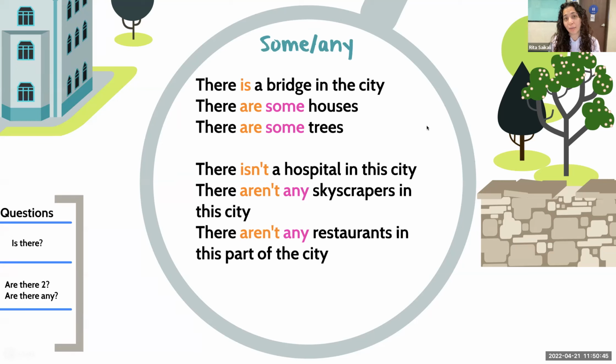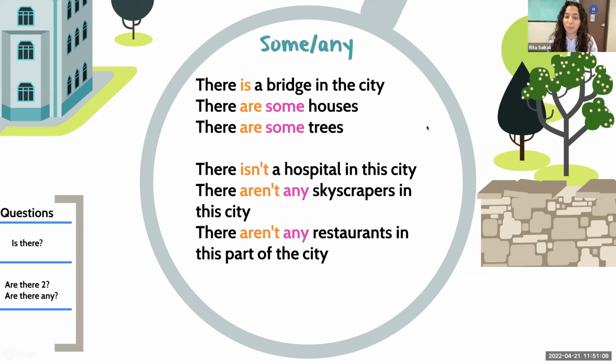And by the way, some is generally positive. Any is negative, right? So any is a no. Some is yes. So there are some houses that they actually exist. If we are to put negative, the negative of some is any. There aren't any houses. There aren't any skyscrapers in the city.